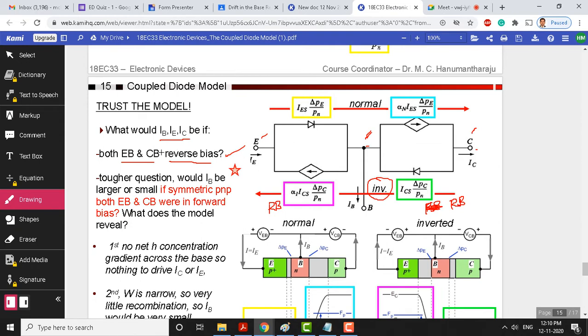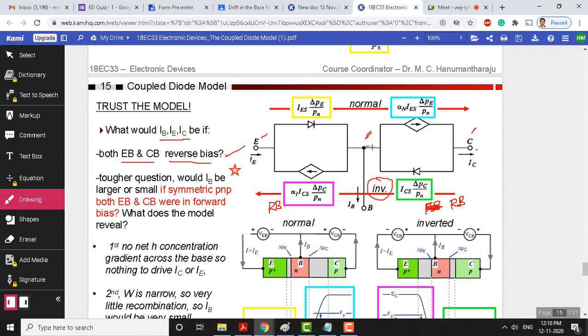When the emitter-base junction is reverse biased and the collector-base junction is reverse biased, what does this model tell you? Do you get any current at the base? Any answers from your side? Just look at this model and try to provide the answers.